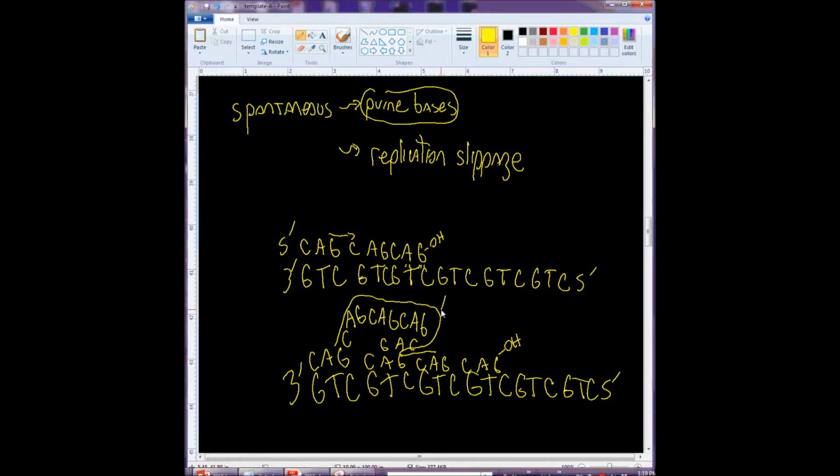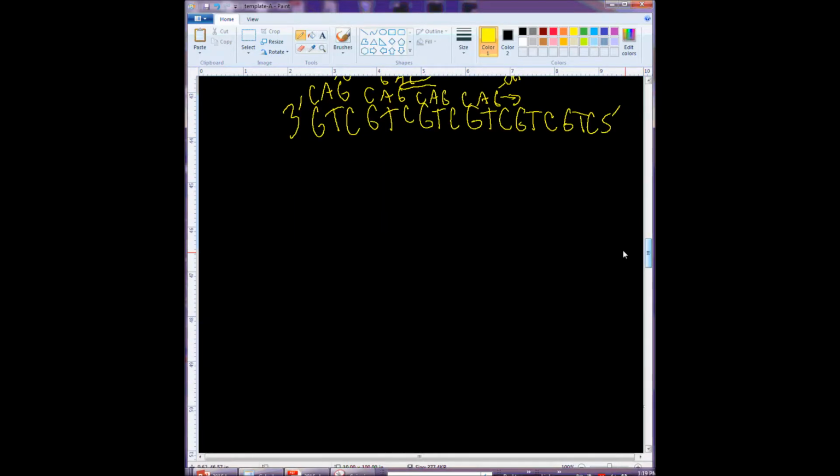I drew this a little bit longer than it was up here because I wanted to show you the loop, because imagine this is really long and I only diagrammed part of the repeat up here. So we have this loop here. Okay, well now polymerase gets back on and starts replicating. And the polymerase is long gone here, and this DNA is sitting here, this giant unannealed repeat area.